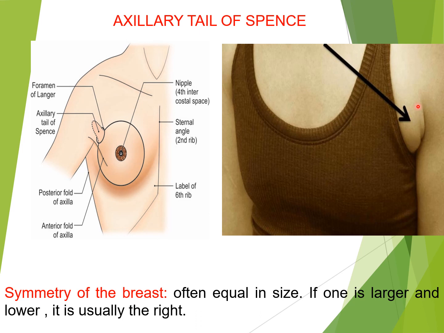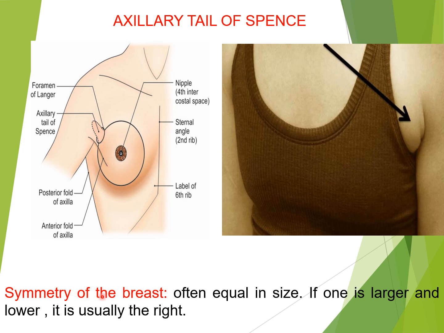So when they are enlarged, it may be mistaken for a lipoma, so remember that. So this is about the axillary tail of Spence. It arises from the upper lateral quadrant of the breast and enters the axilla through a foramen known as the foramen of Langer, present in the axillary fascia.